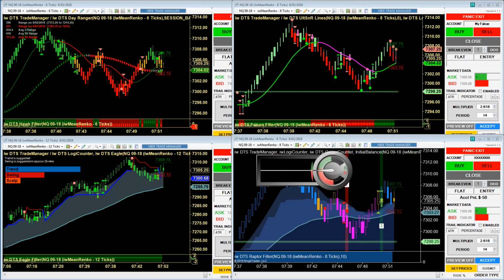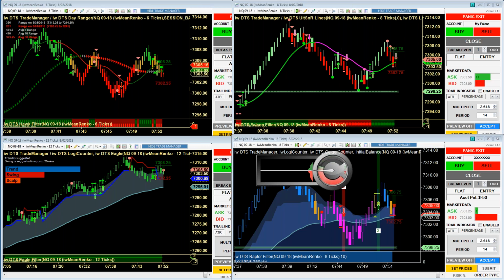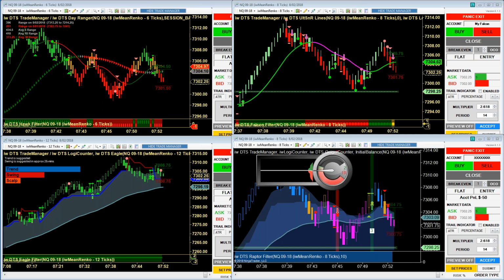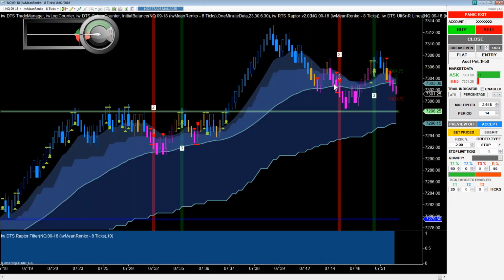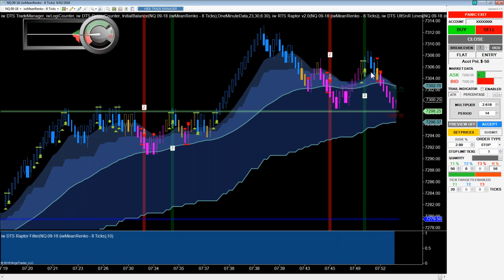Well, folks, I do think that was the move of the morning, or the move of the day, actually. A very, very strong move. And we're getting a little bit of a reverse happening now. So here's that 2-3-2 opportunity. Note the signal not printing. That's because we've fallen out of the trade parameters, out of the programming parameters, but visually you can see that it is a 2, 3, and a 2.